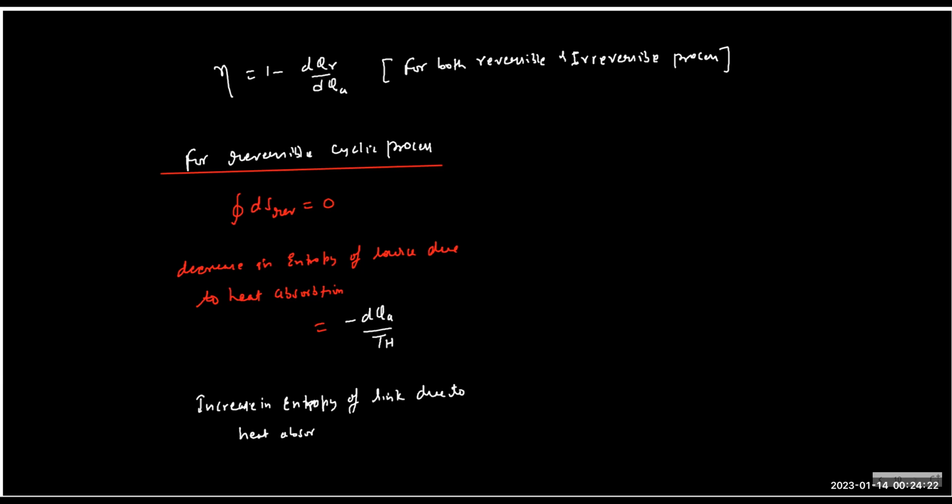It is about how you take the context. So the increase in entropy of the sink is due to heat rejected by the heat engine, or heat absorbed by the sink. So how much is the sink absorbing?